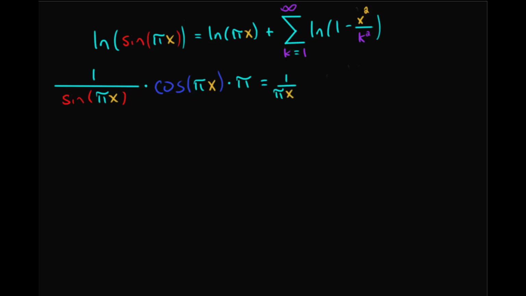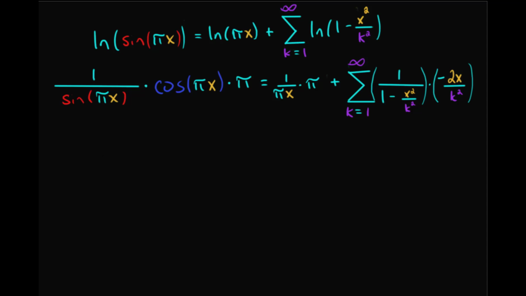And this will equal 1 over pi x times pi, plus the sum, indexed from k equals 1 to infinity, and now applying the derivative here, 1 over 1 minus x squared over k squared, and then one last instance of the chain rule, times negative 2x over k squared.